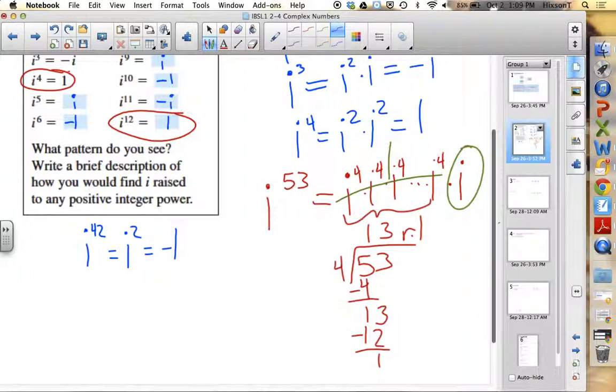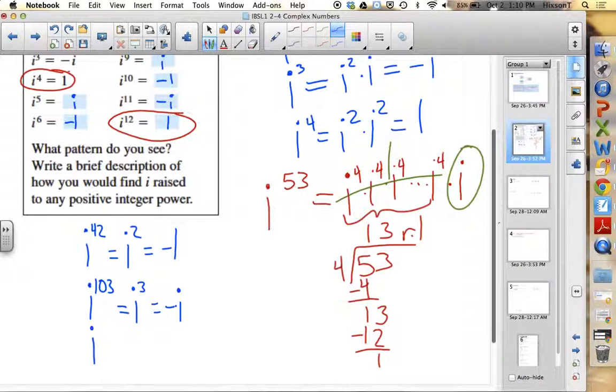If we had I to the 103rd power, okay? 103 divided by 4 is 25 with a remainder of 3. And that remainder of 3 is now our new exponent, so this is -I. Alright?